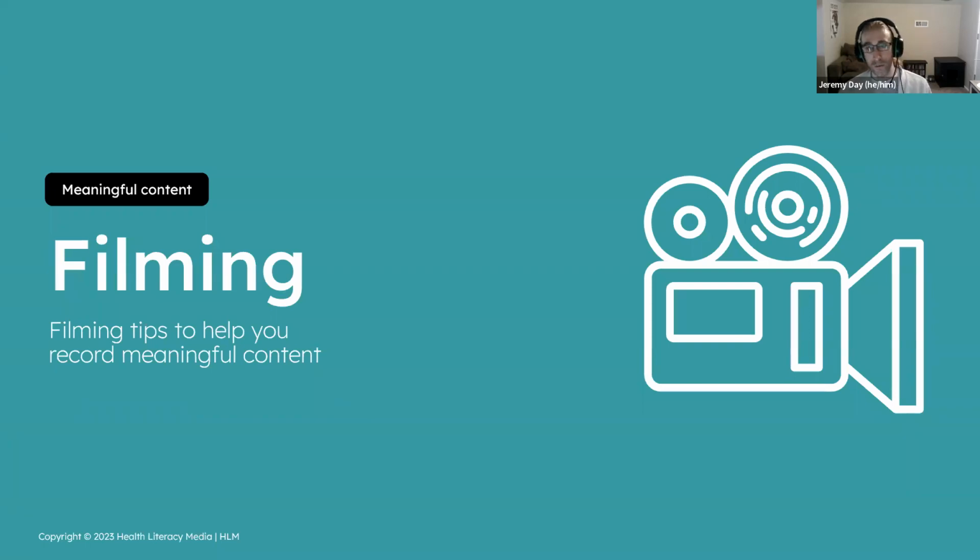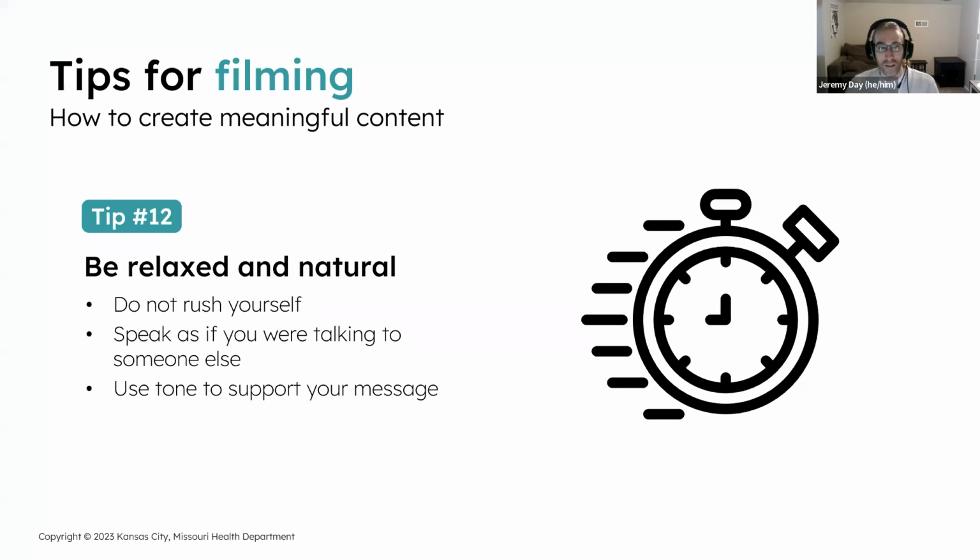On to filming. So our next tip is going to be what we talked about earlier. You want to be relaxed and natural. So don't rush yourself. I know we talked a lot about time and trying to make sure that we are not going too long, but you also don't want to be so fast that your viewers are not able to understand what you're saying.